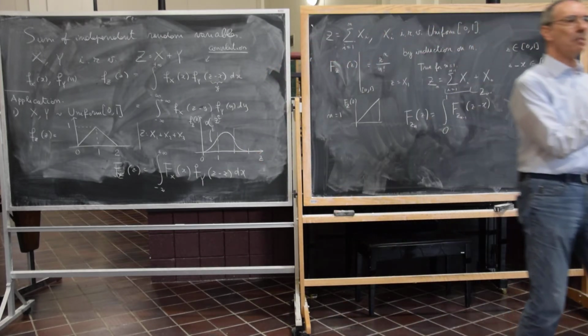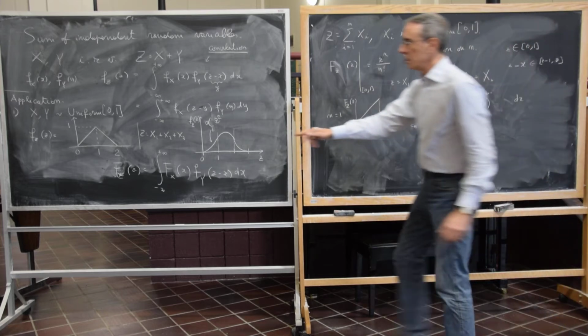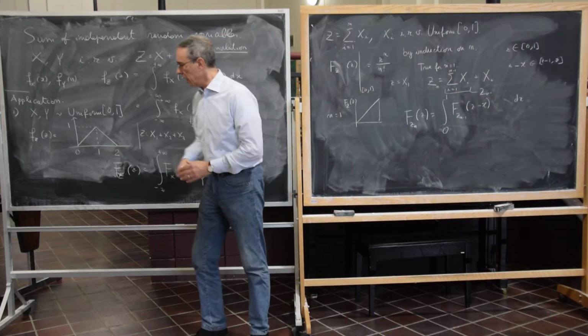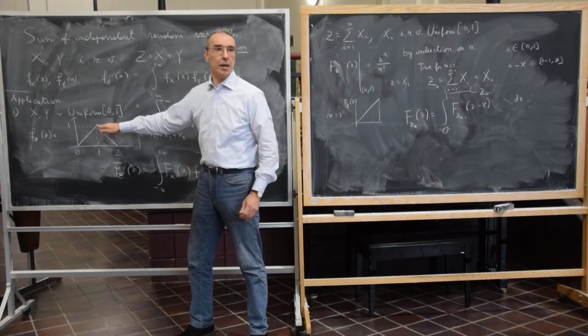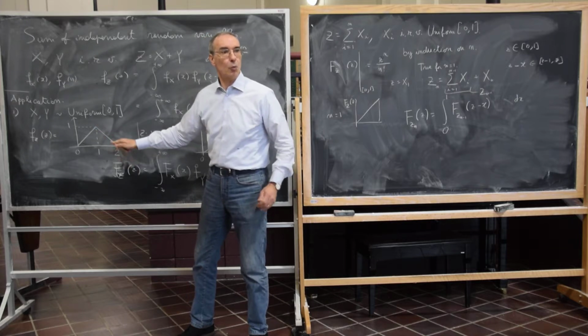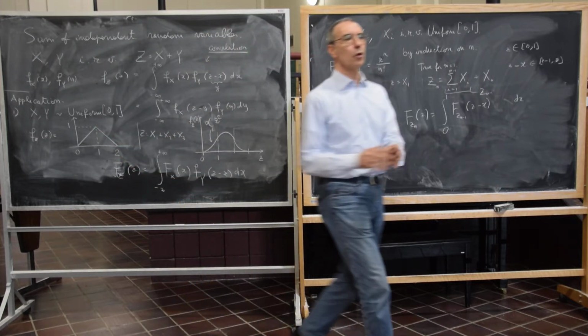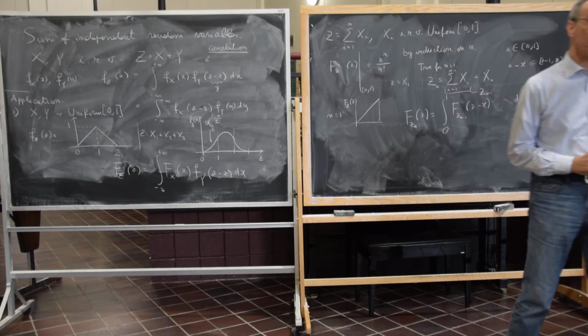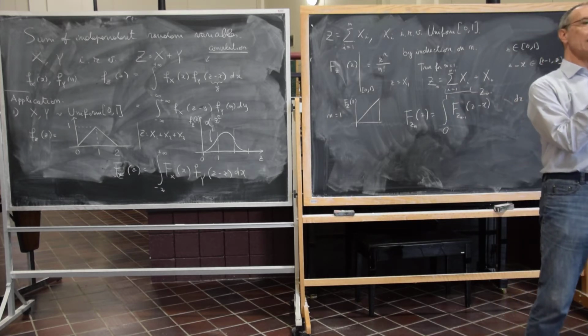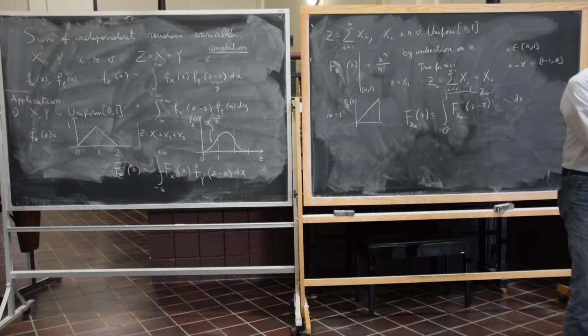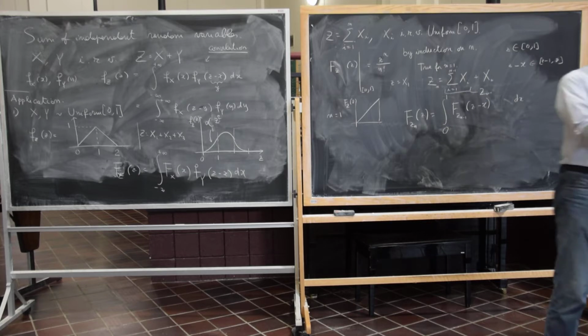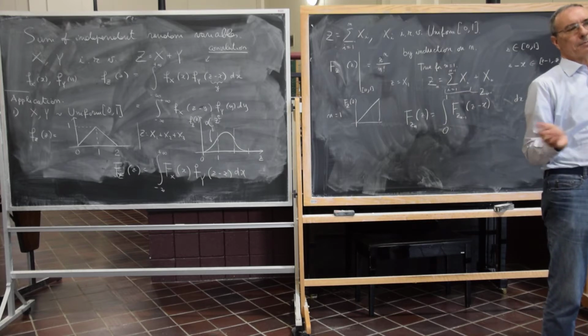So this function is defined in one form in 0, 1, and another form in 1, 2. And the same is true for the distribution function. So there's one expression in 0, 1, another expression in 1, 2, another expression. So we only limit to 0, 1. Otherwise, the expression is very complicated.